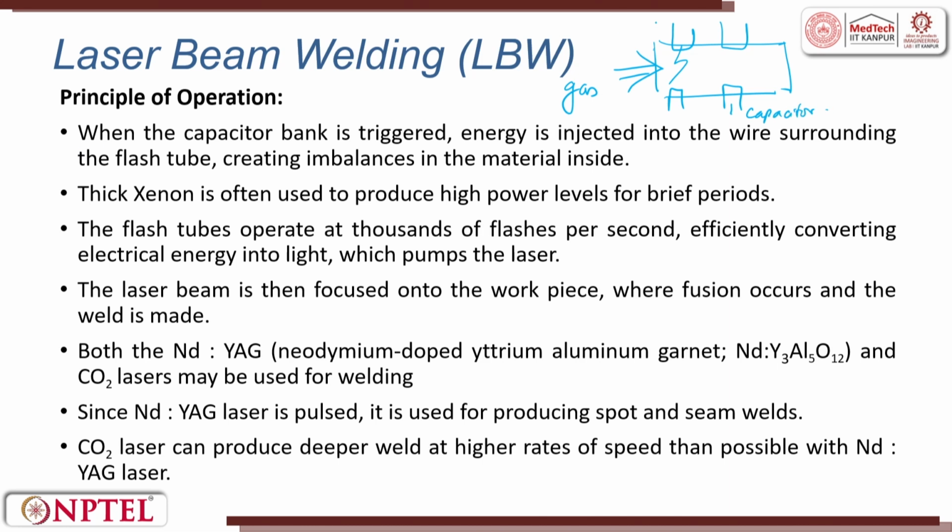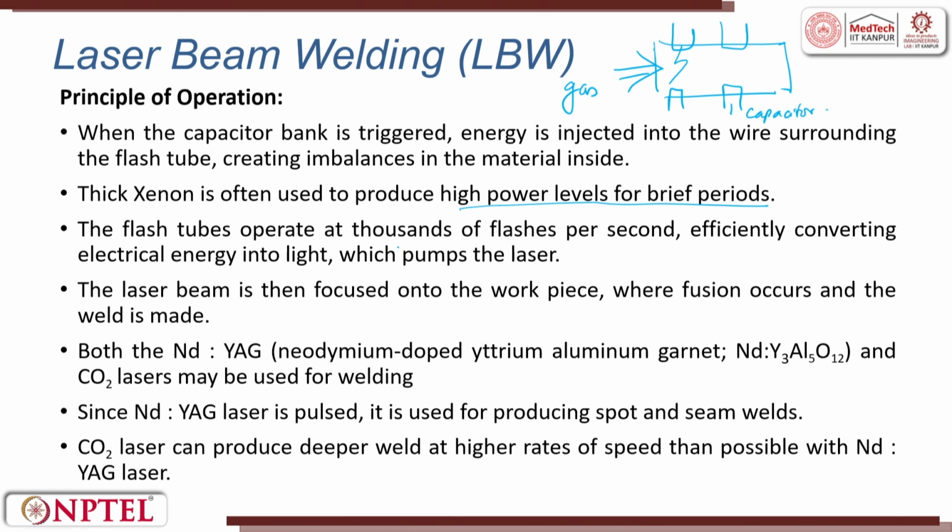When a capacitor bank is triggered, the energy is injected into the wire surrounding a flash tube, creating imbalance in the material inside. I have written it as gas. You can also have wire. There is a discharge, there is an imbalance. Thin xenon is often used to produce high power level for a brief period. During the discharge, the energy level goes very high.